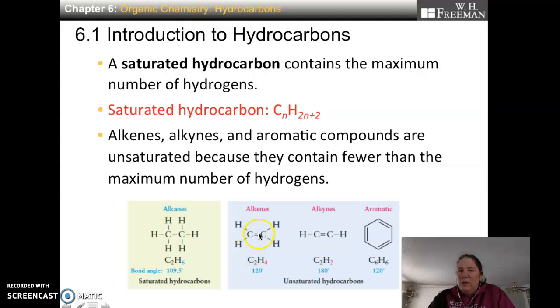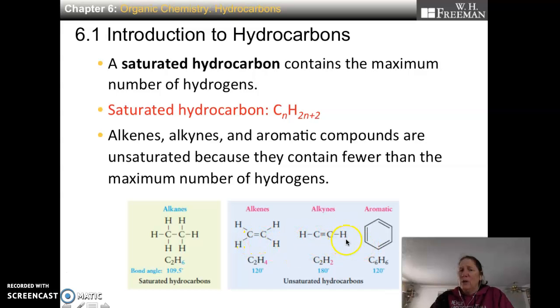Because this double bond can be broken, over here when we had 2 carbon, we had 6 hydrogen. Over here we only have 4. And then when you get to here, now you have 2 less hydrogen even.